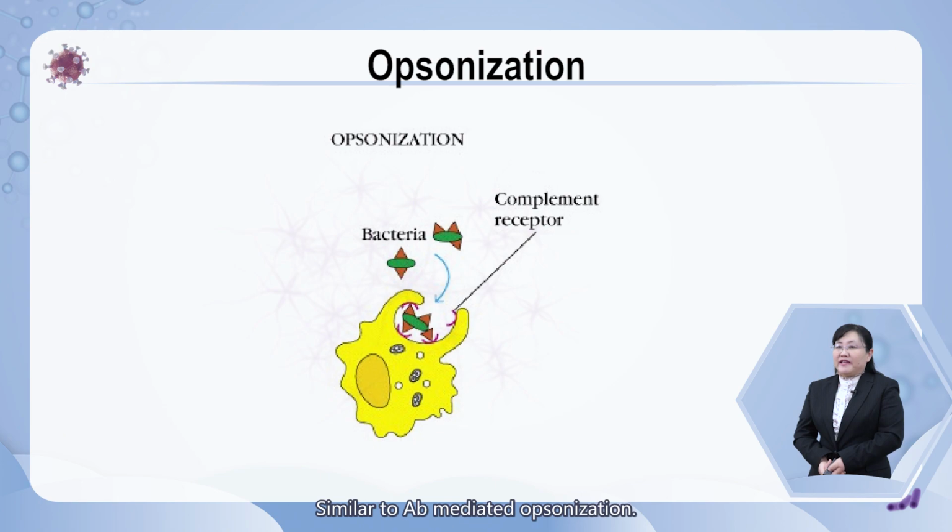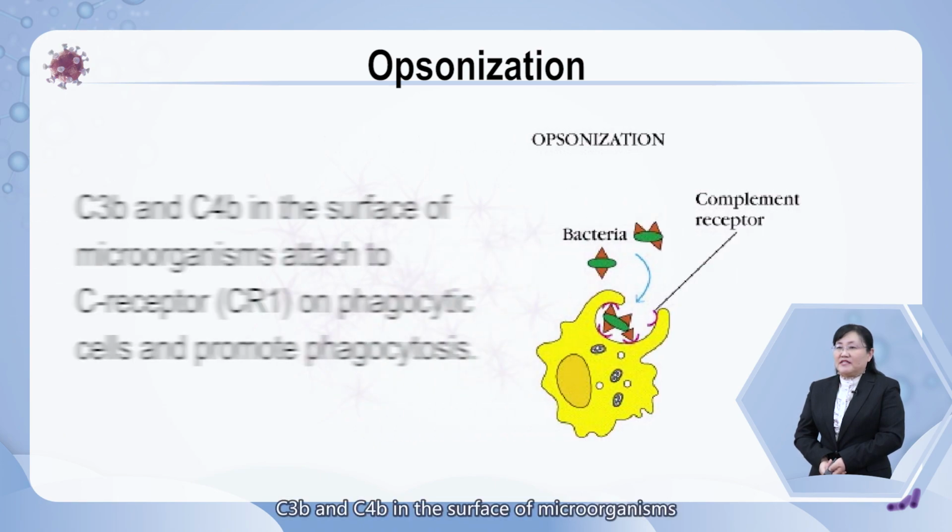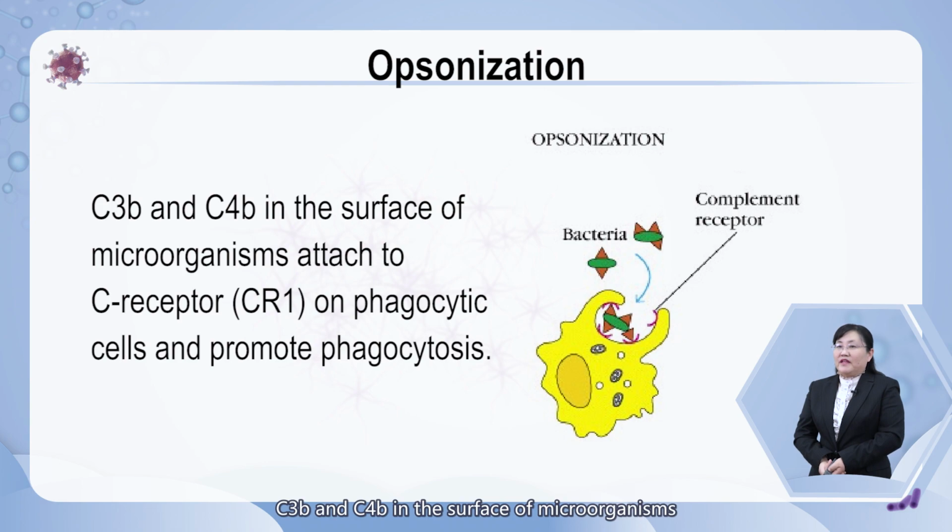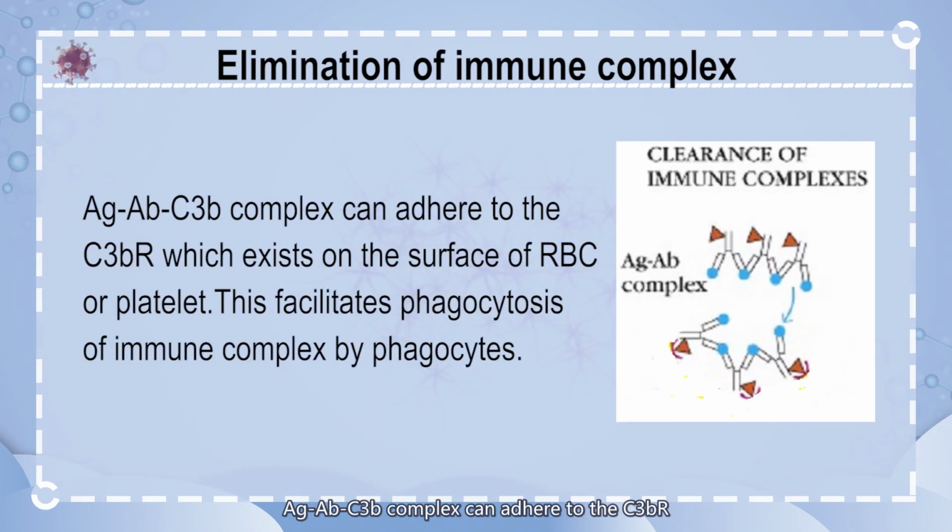Similar to antibody-mediated opsonization, C3b and C4b on the surface of microorganisms attach to complement receptor CR1 on phagocytes and promote phagocytosis of microbes. Antigen-antibody-C3b complex can adhere to the C3b receptor, which exists on the surface of RBC or platelets. This facilitates phagocytosis of immune complex by phagocytes.